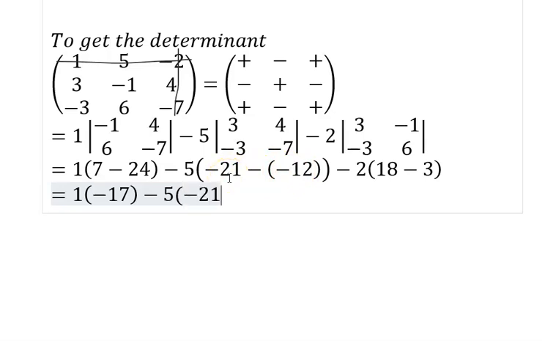Minus 21 plus 12. So I will do the jumping steps. Like I said, it's a very long process. So now 18 minus 3 will give us what? 15. And let's finish it up.